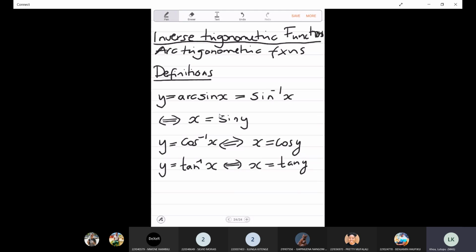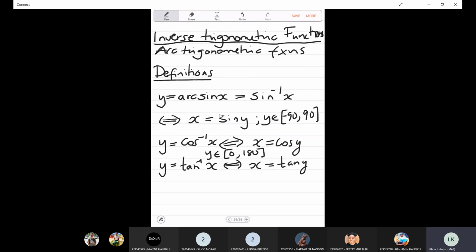Now here we should take note that for the first one, y is in the interval -90 to 90. For the second one, y is in the interval from 0 to 180.